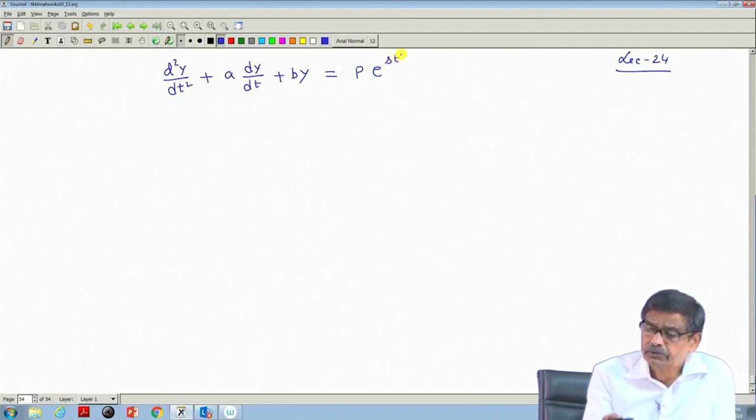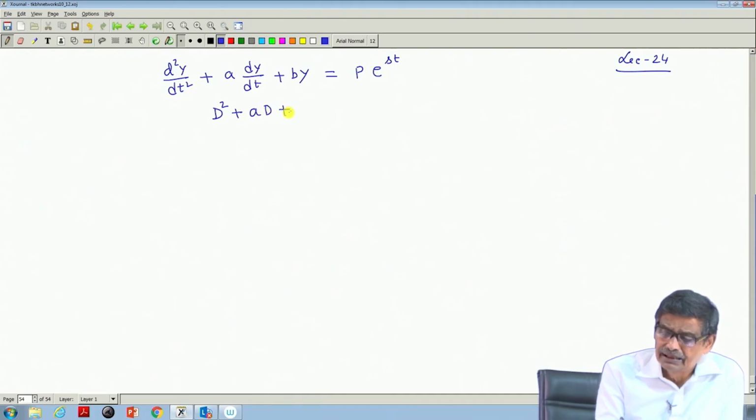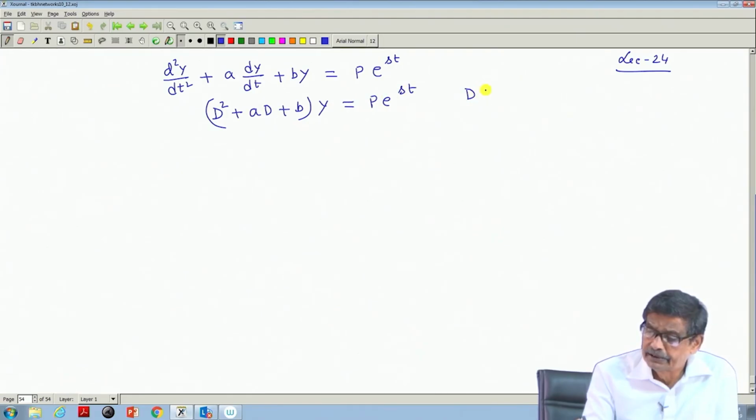If s equal to 0, it means it is equal to p constant, and I told you this equation can be written, sometimes I am writing a D like this, as D square plus a D plus b, is equal to p into e to the power s t, where D is the operator d dt.